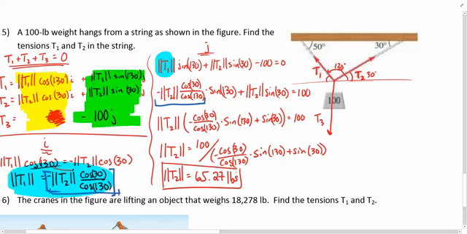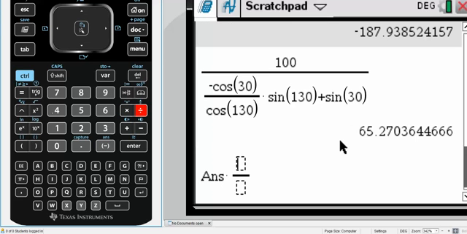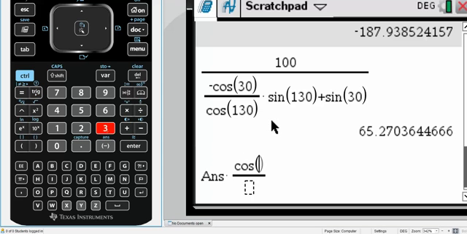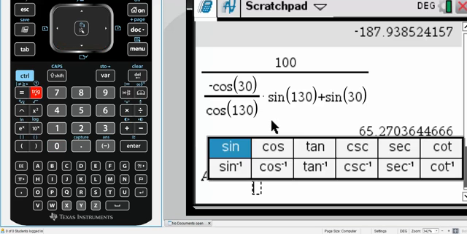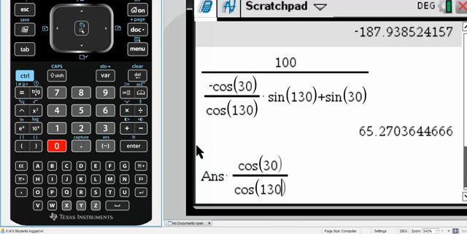We now know what T2 is, so we can get T1 very easily by simply multiplying by the fraction cosine 30 over cosine of 130. So I'll just press the answer key to recall that last answer, multiply it by the new fraction of cosine 30 over cosine 130.